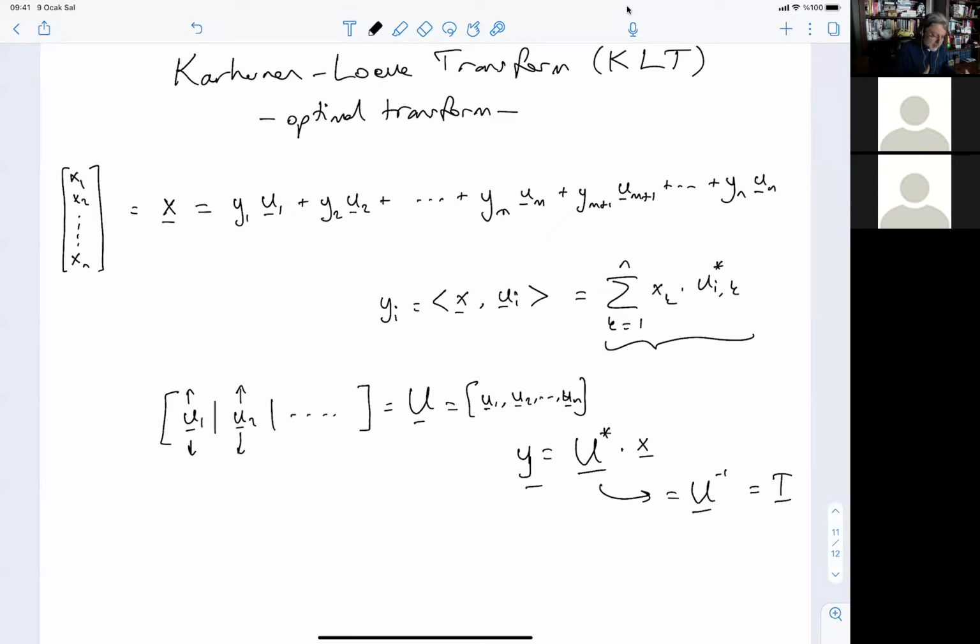Now let's come back to our design. What I'm saying is designing the transform matrix is equivalent to designing the basis vectors. We will be designing the basis vectors for designing the optimal transform. So what is the best set of these basis vectors?